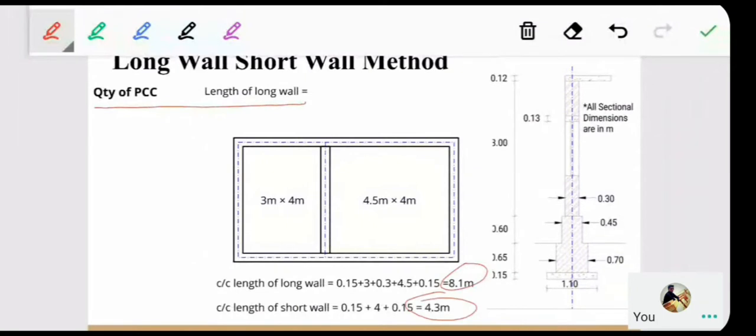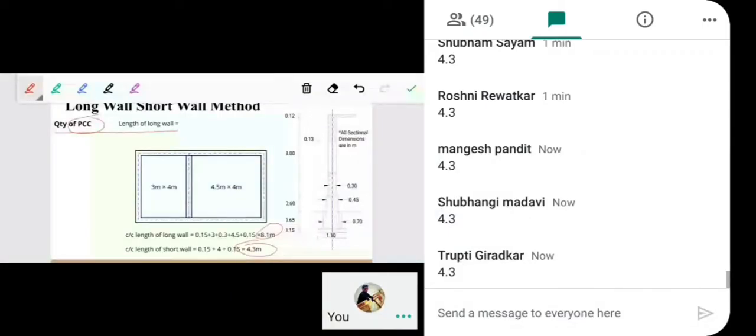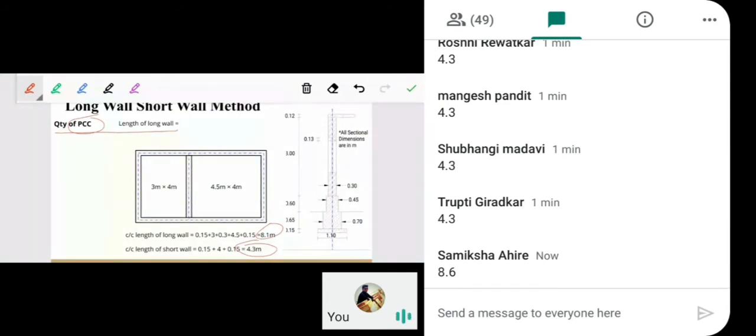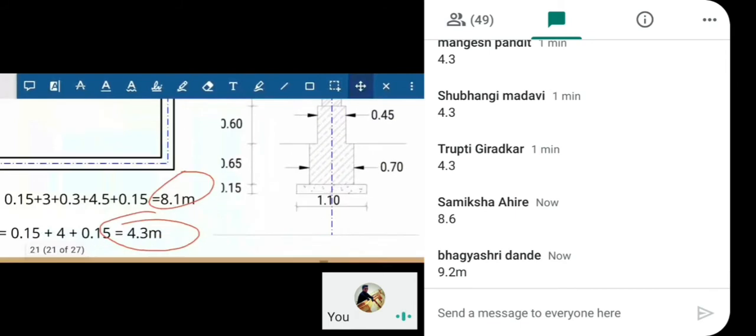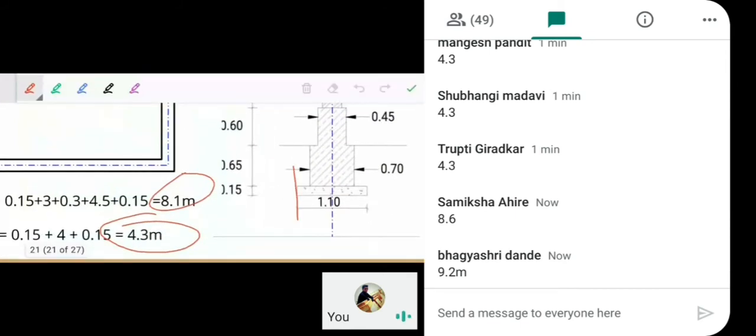So we have to calculate the length of the long wall for the PCC item of work. The formula for the long wall is center to center line distance plus width of the item. In case of the PCC, the width of the item is 1.1 meter.